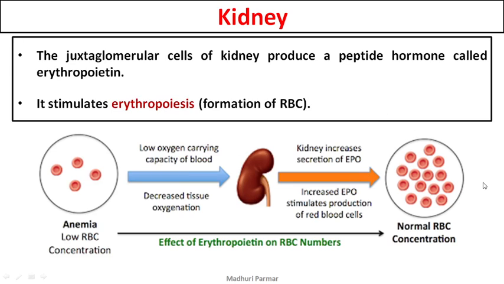In previous times, even some athletes used to take erythropoietin, just like how they take anabolic steroids as drugs. Why? Because of erythropoietin, the RBC concentration will increase. If you have a higher number of RBCs, you will be able to hold a lot of oxygen and transport more of it, and this is how you may be able to run a very long race.